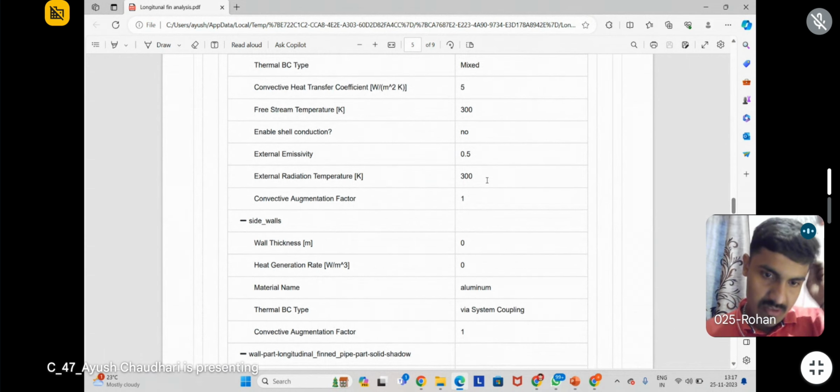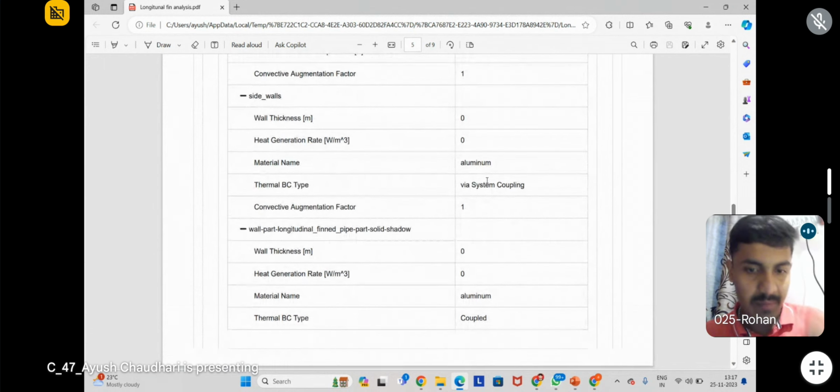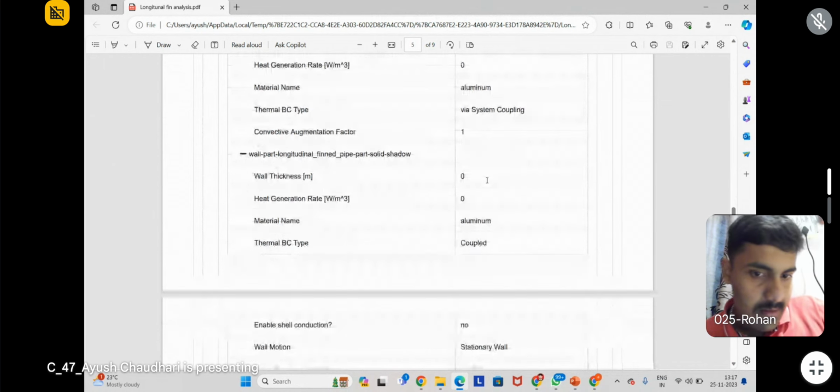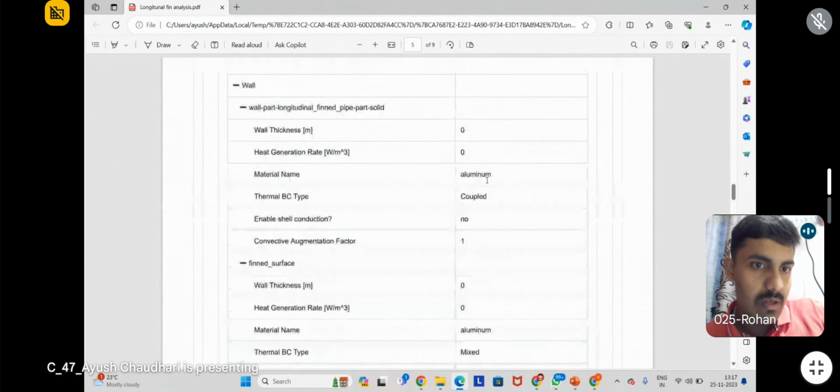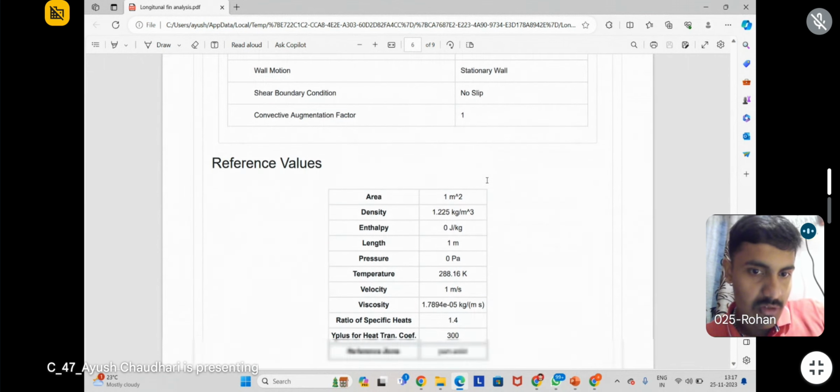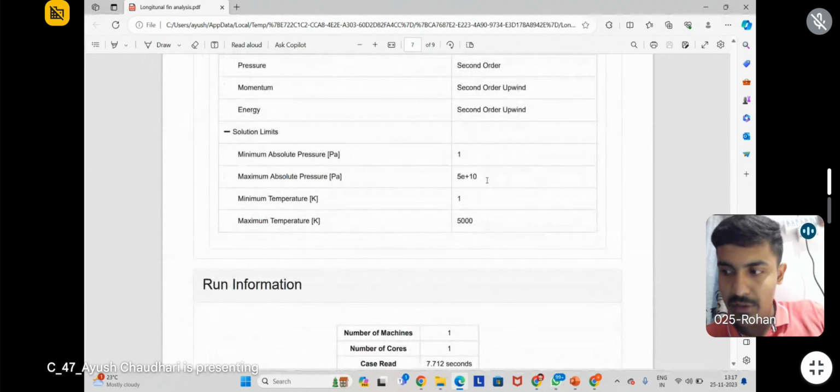Side walls was also aluminium and thermal BC was via system coupling. The wall part longitudinal fins pipes part solid was also aluminium, and we can move further to report.